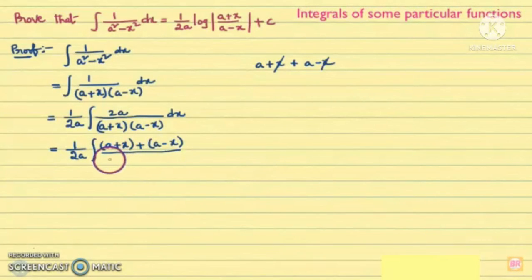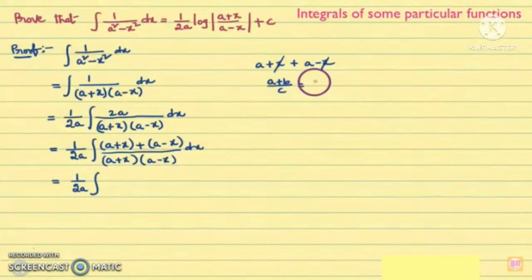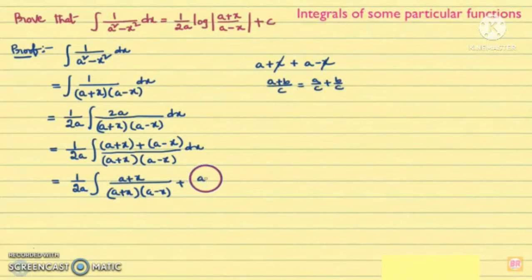The trick: divided by (a plus x) into (a minus x) dx, that equals 1 by 2 into the integral of, you observe this expression can be written like this. Suppose something is like (a plus b) divided by c, you can write it as a by c plus b by c. Here we can write this expression as (a plus x) divided by (a plus x) into (a minus x), plus (a minus x) divided by (a plus x) into (a minus x) dx.